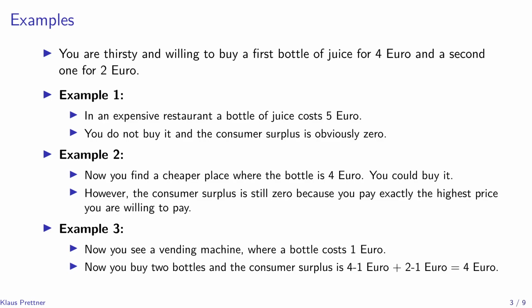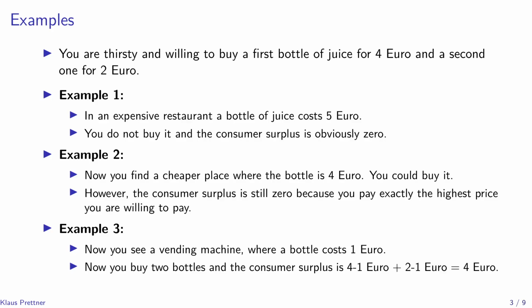Now you walk a bit further and then you see a cheap vending machine. The juice there costs €1, and that means that you can now buy two bottles, and in the case of both bottles you would have a positive consumer surplus. For the first bottle you are willing to pay €4, the price is €1, so your consumer surplus is €4 minus €1, and that's €3 for this first purchase.